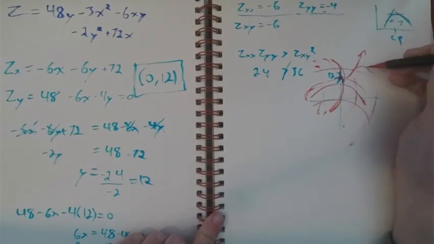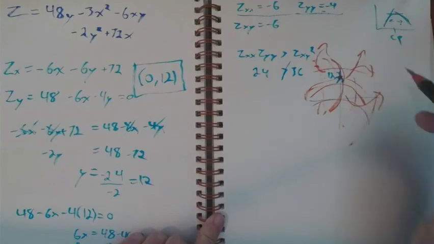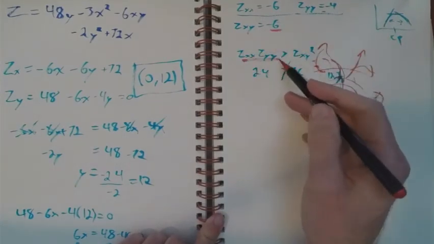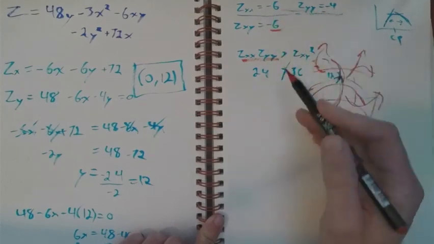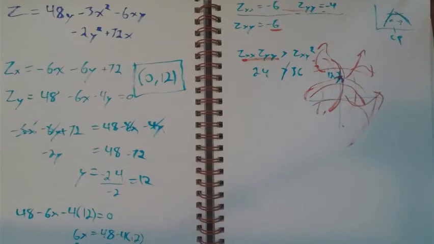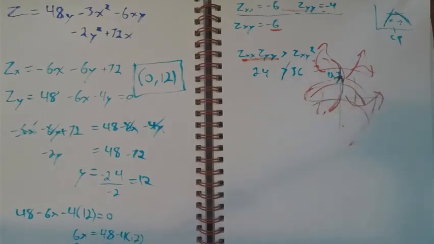In this case, actually, sorry, these corners go down, but these corners go up, right? And we get that because zxy squared is bigger than zxx times zyy. So given that, we don't actually have that maximum.